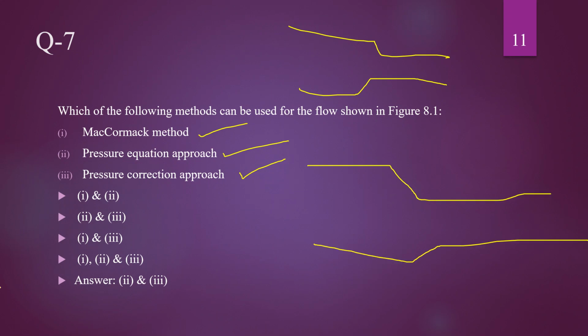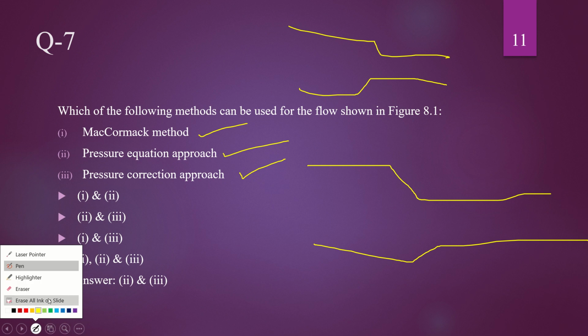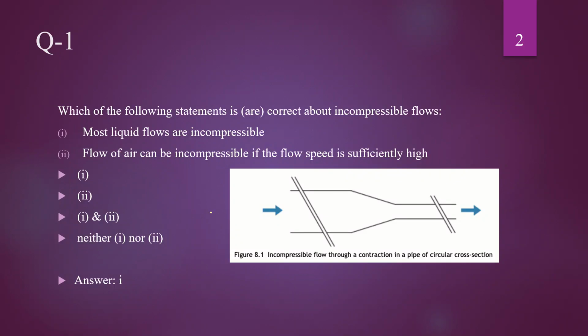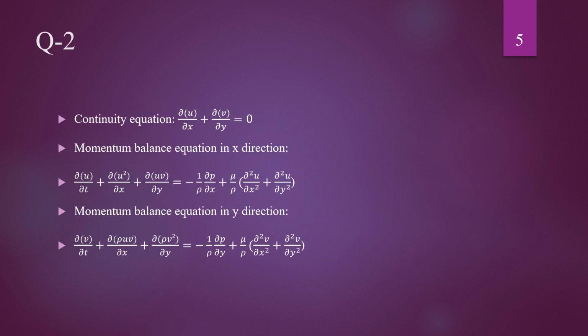We should analyze the given figure first. It is given that it is an incompressible fluid flow through a contraction in a pipe of circular cross section.